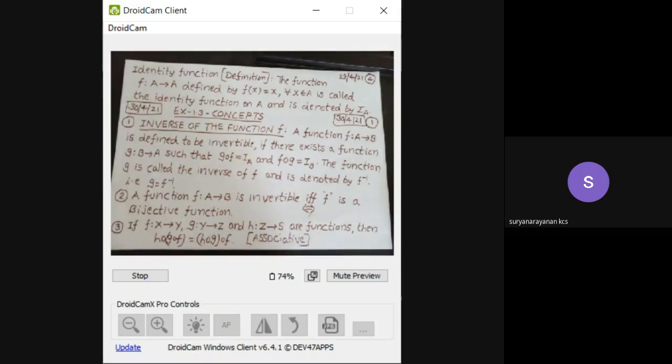Do you remember this property? Associative property means we take three numbers. In the number system, you have already studied the associative property.